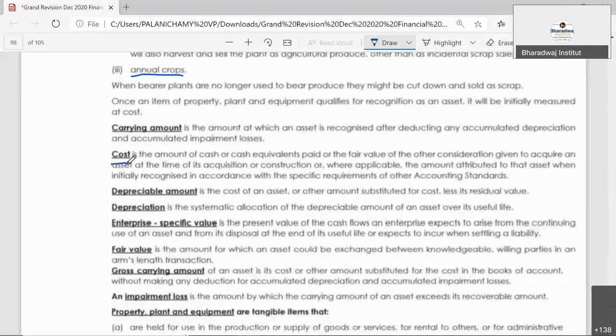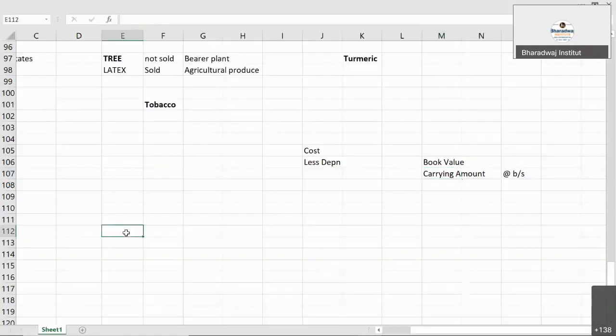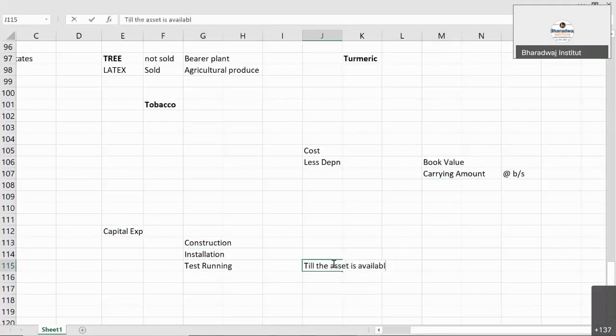Cost. What are the things that should be included in cost? This we had seen in the first class. Capital expenditure. All the expenses incurred in construction, installation, test running, that is, whatever is spent till the asset is available or ready for use.